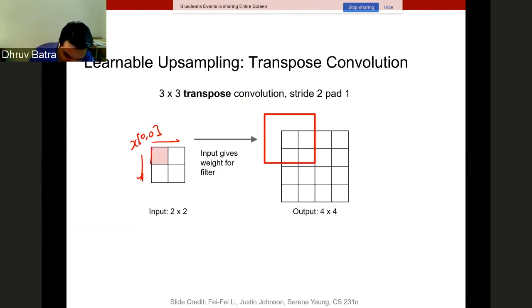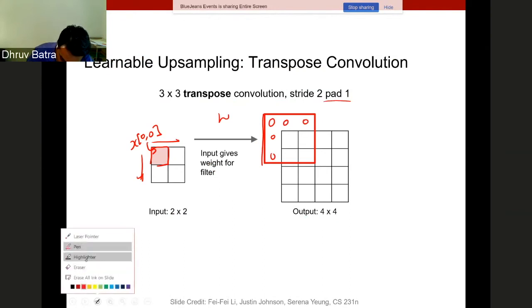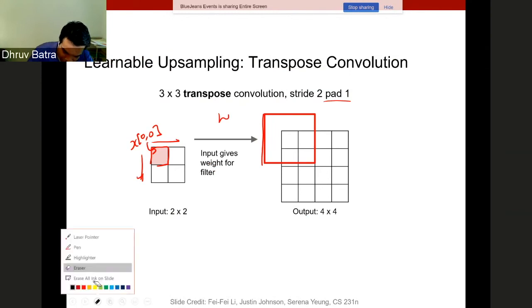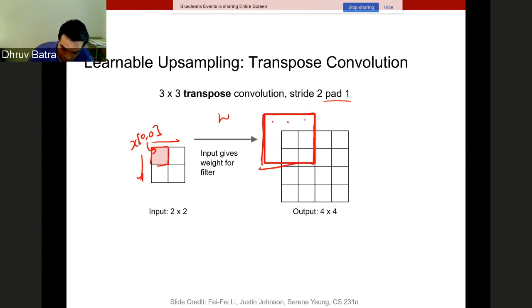And for every setting of the enumeration, so in x 0, 0, we place this W filter with this padding. Let me just remove that for clarity. We place this at a particular place on the output. W has 9 values.